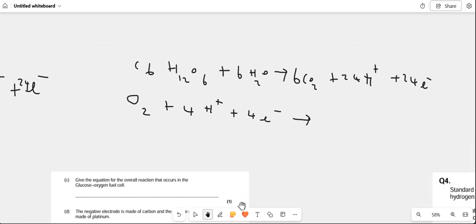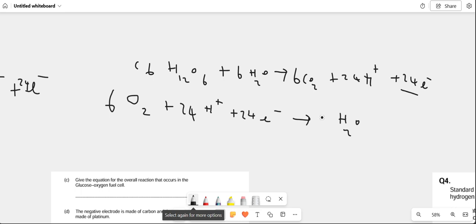Alright. Now as you see, you need to balance the electrons. We've got 24 electrons here, we've only got 4 here, so you need to times the bottom equation by 6. So we've got 6O2 now, 24H plus now, 24e minus now, and now you've got 12H2O. Now combine them, so add them together. Electrons are going to cancel, H plus also going to cancel.